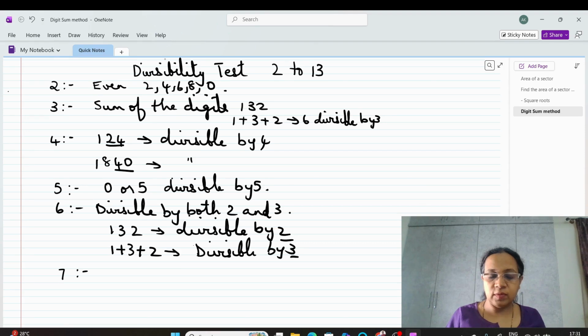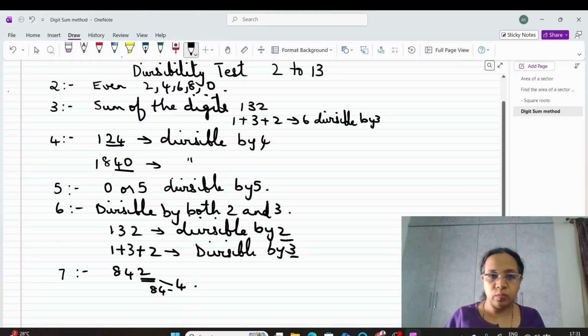If you double the last digit of the number, let's take an example, 842. You double the last digit of the number, 2, and you will get 4. Now you will subtract 4 from 84, that is 84 minus 4.